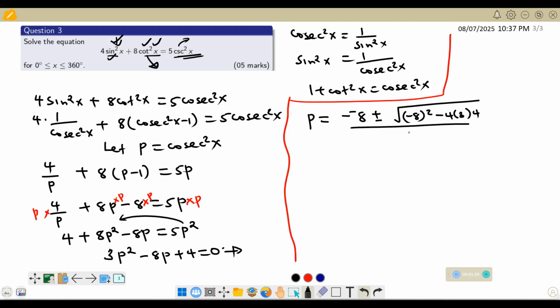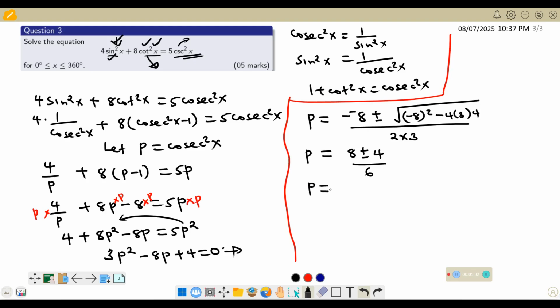The whole of this is divided by 2a, that is 2 times 3. So this will give us 8 plus or minus, and when you simplify, you get the square root of 16, which gives us 4, divided by 6. So you will have your p as that.